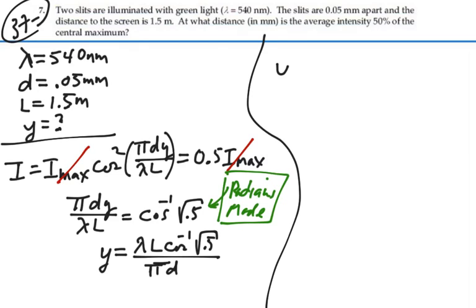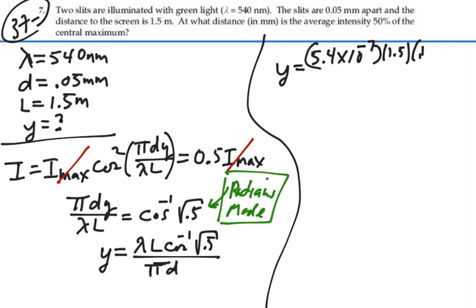Okay, so we have y is equal to the wavelength. 540 nanometers is 5.4 times 10 to the minus 7 meters, times L, which is 1.5 meters, times the inverse cosine of 0.5, which is 1.047.